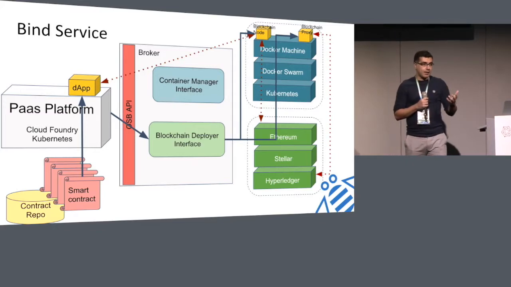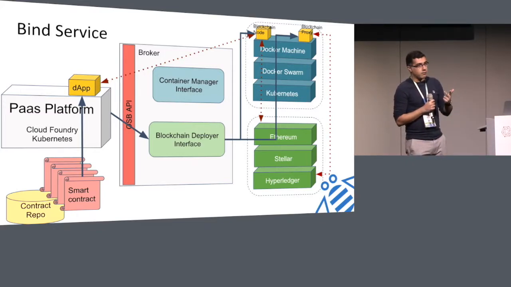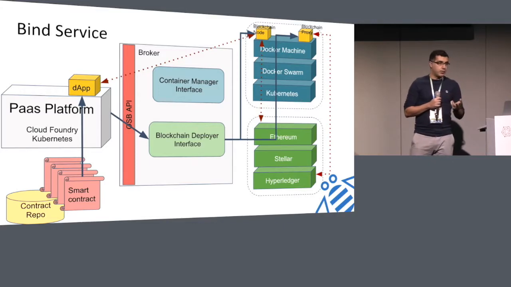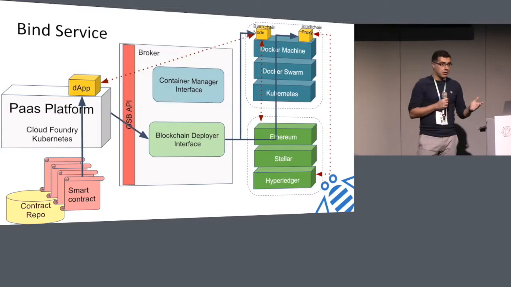Now you have an application that has the contract information, the IP address of the node that it can talk to, and the port where the node responds.